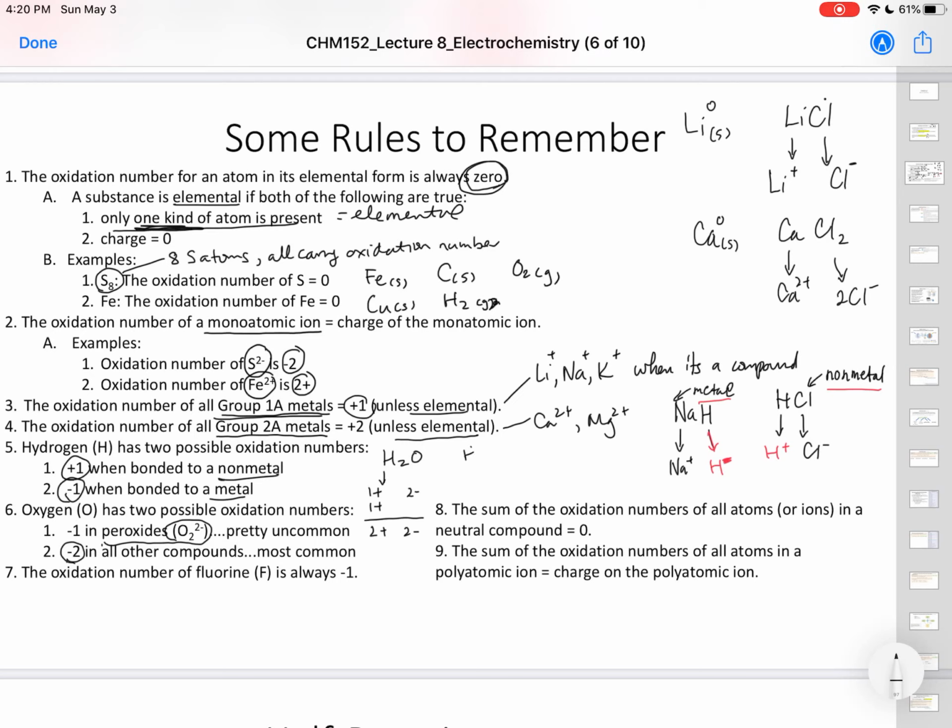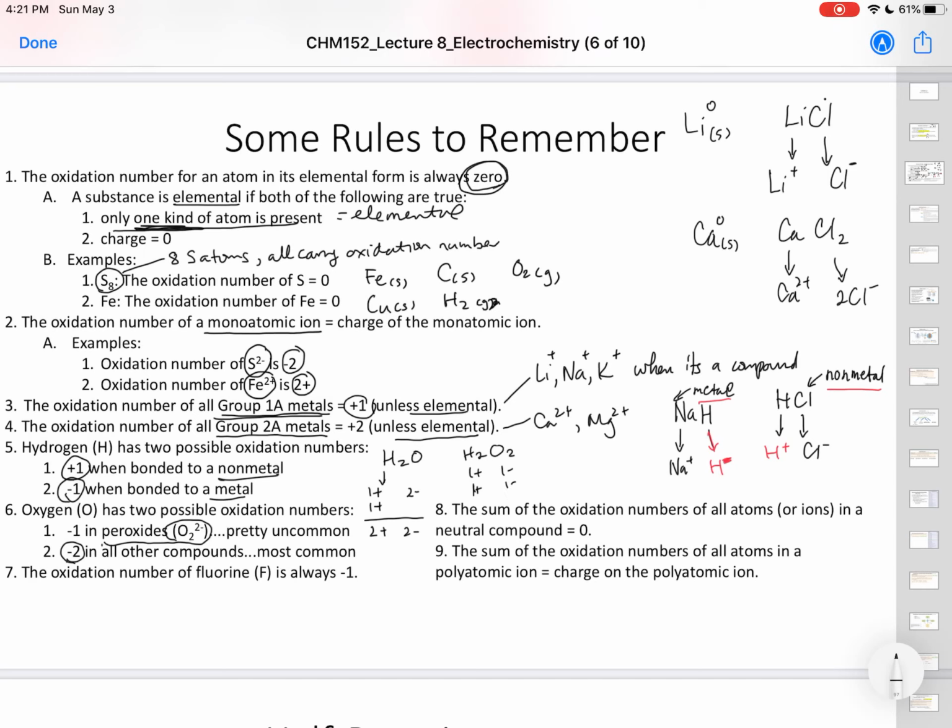But if you have something like H2O2, now it's different. This is hydrogen peroxide. Again, hydrogen is 1 plus and 1 plus, but because there are two oxygens, each one must be 1 minus.